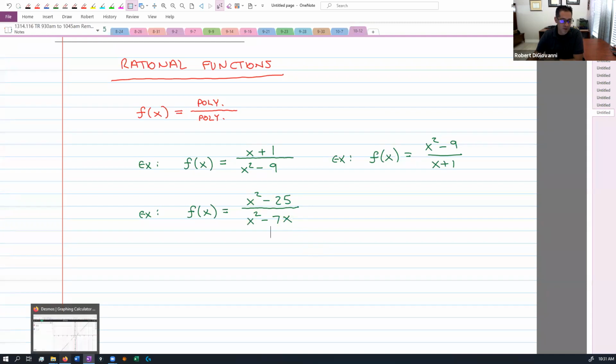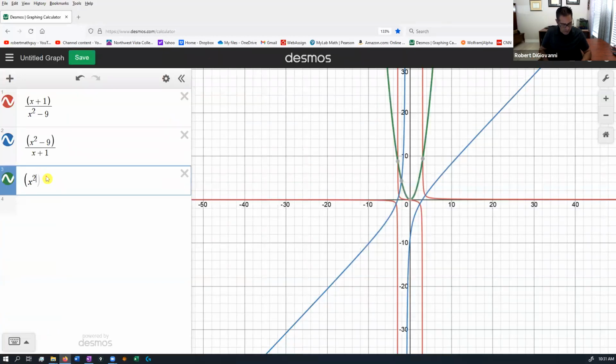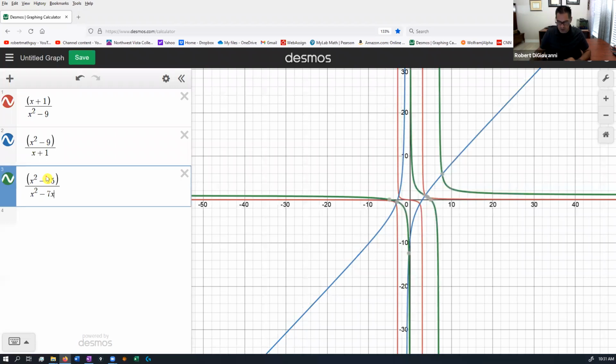What I'm going to do for the rest of the day is write the steps down. We're going to talk about the steps. I don't think we'll actually get to graph one today. But let's see what this one looks like. This one is x squared minus 25 over x squared minus 7x.